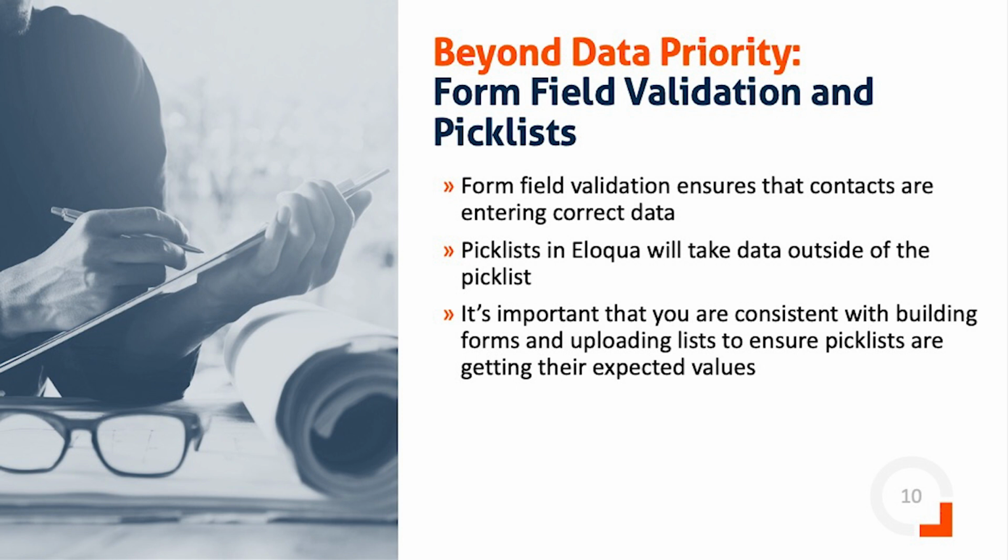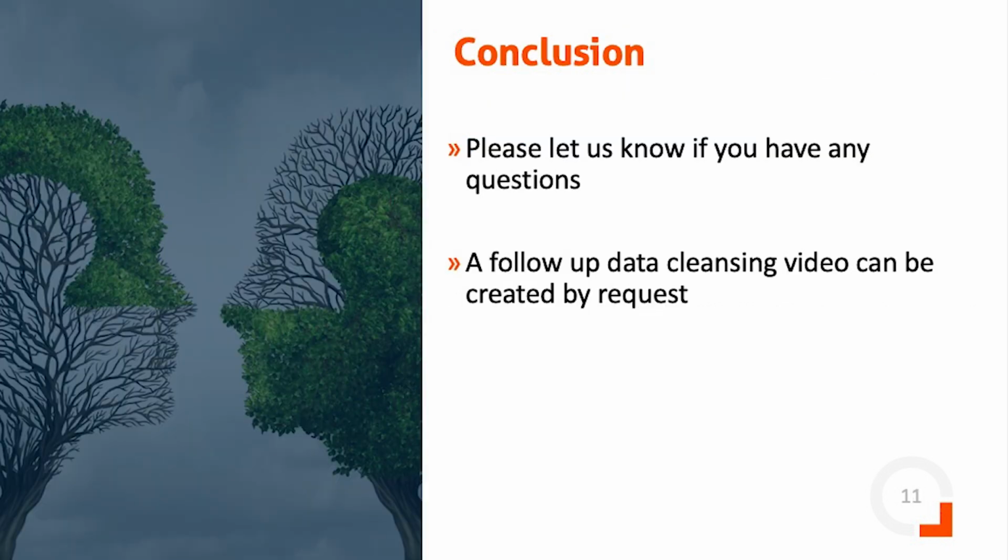And so it's really important that you're consistent with how you build forms and how you upload lists so that pick lists especially are getting their expected values. And downstream from that, we can do things about that through data cleansing, but we would really prefer not to do that to begin with, right?